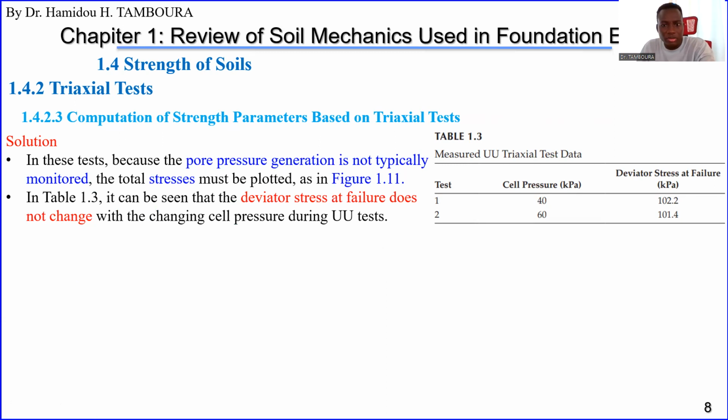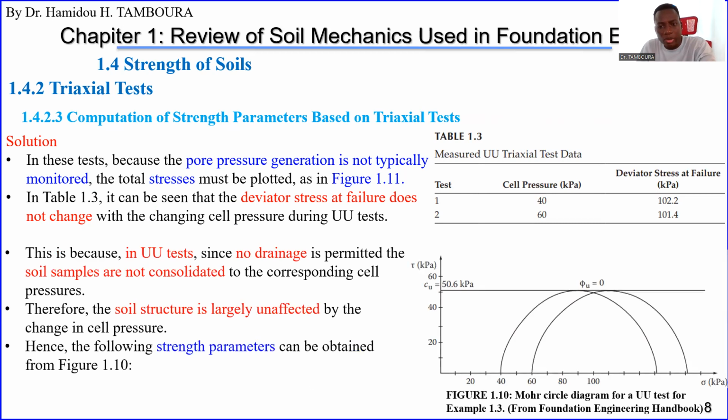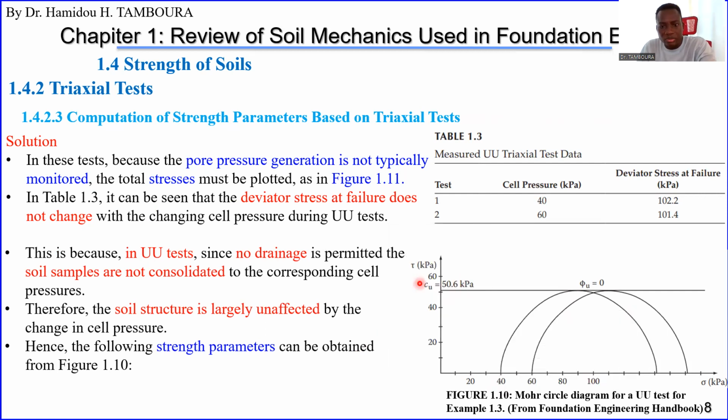The total stress is plotted here, in this figure, not figure 10, but figure 11.